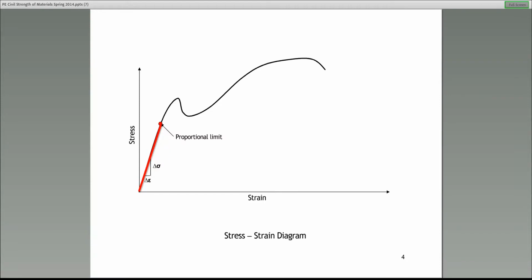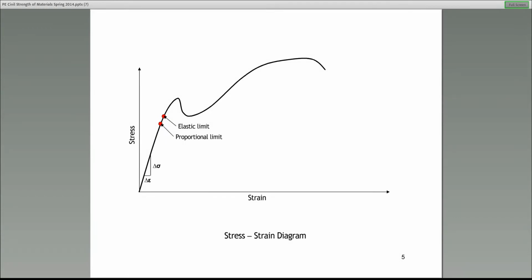Between the point 0,0 and proportional limit, the x and y are proportional, meaning that part of the curve is linear. All right? So that's how we would define proportional limit. Let's go to the next point that's significant.